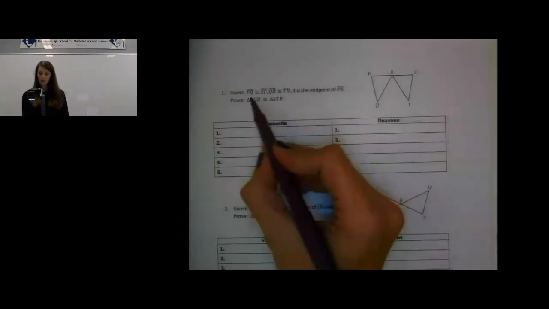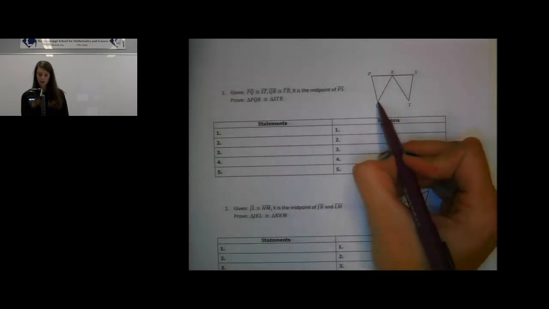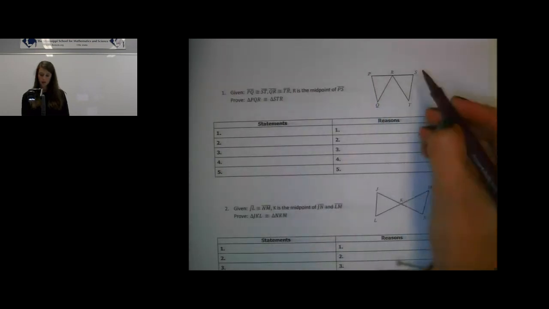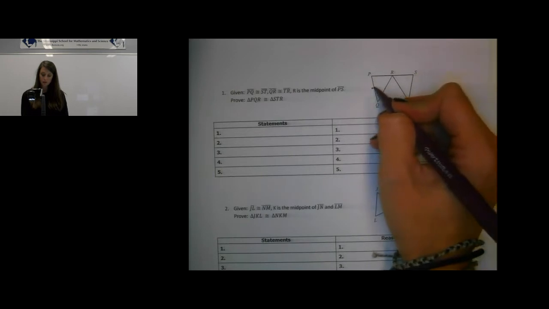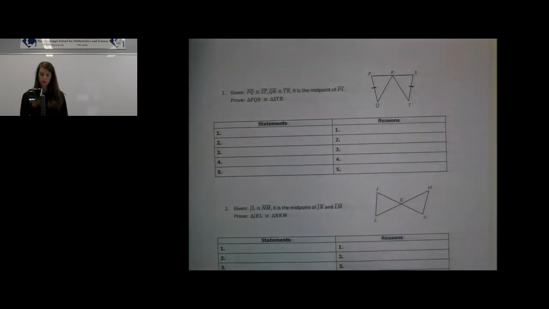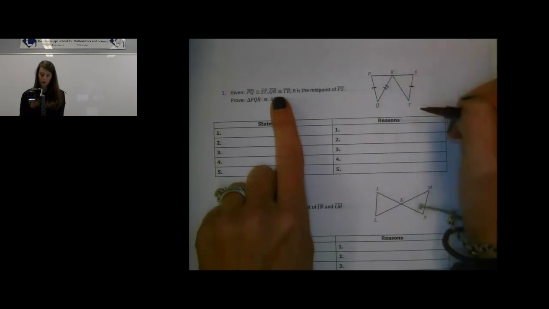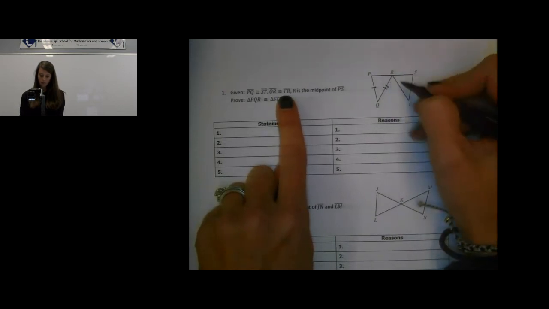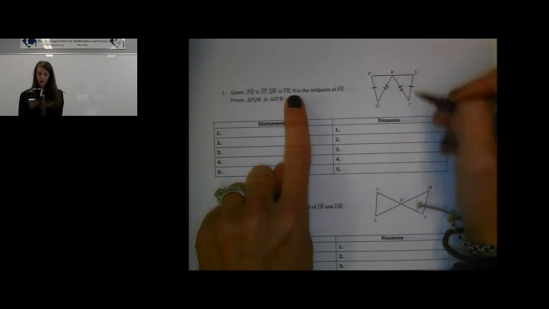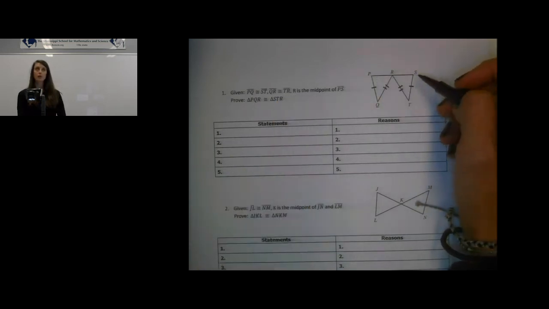If we have PQ congruent to ST and QR congruent to TR, and R is the midpoint of PS. So what does that mean when it's a midpoint?